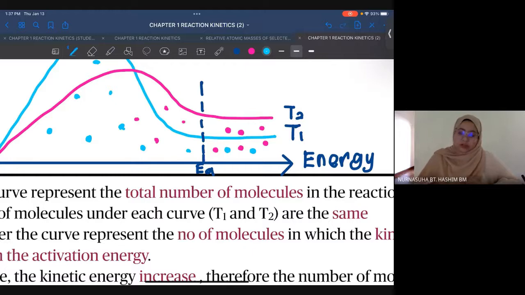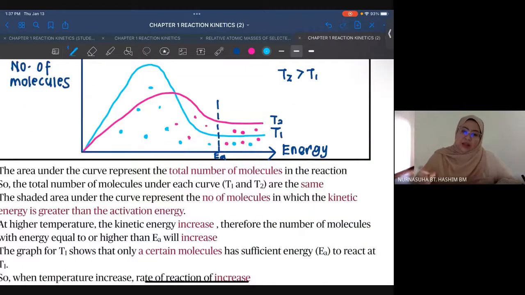So what I'm trying to tell you here is that bila kita tambah suhu, when we increase the temperature, molecule will gain energy. Okay, dia akan pergi sebelah kiri lah. So it will move faster, therefore it has EA or greater than EA.